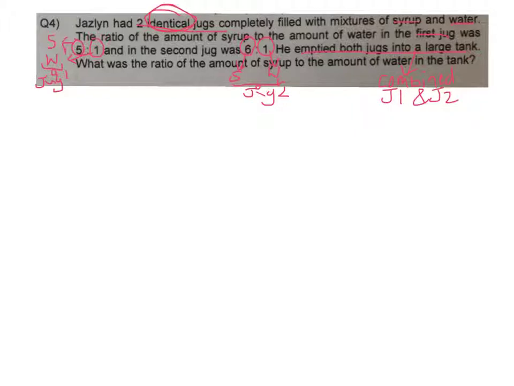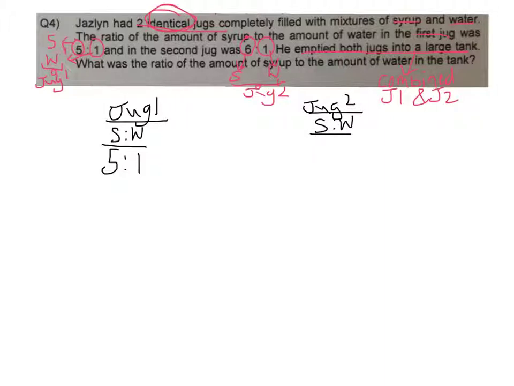So that's easy. I'm going to write it down. Jar 1 first. Syrup is to water, 5:1. And now we have jar 2. Syrup is to water.